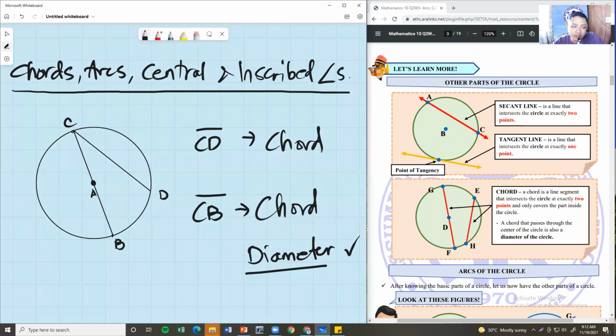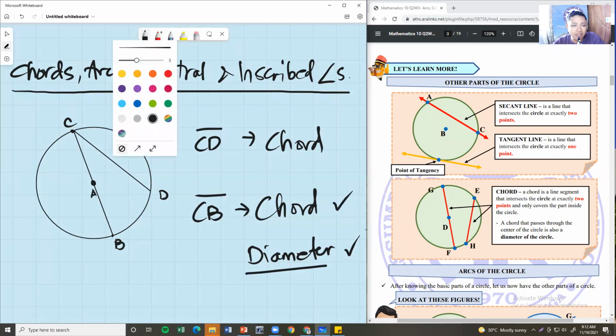The definition of the chord is it's a line segment whose endpoints are points on the circle. Are the endpoints of CB points on the circle? Yes or no? Yes. So therefore, CB is also a chord.